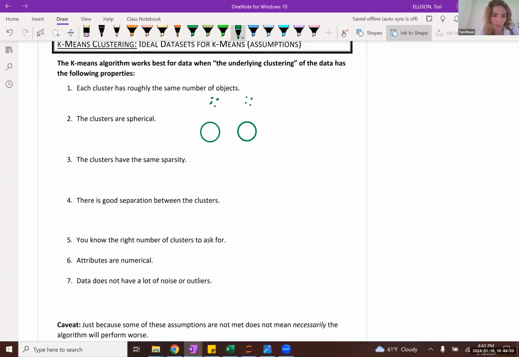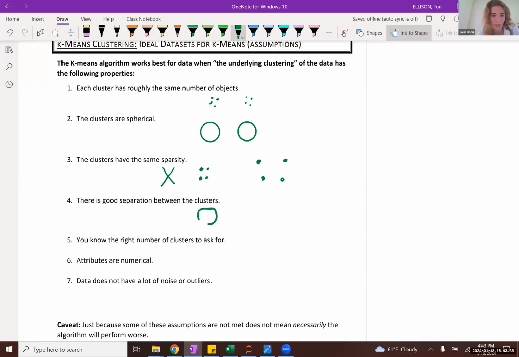Number 3, each of the inherent clusters that exist in the data set should have roughly the same sparsity. So this is not meeting that condition.